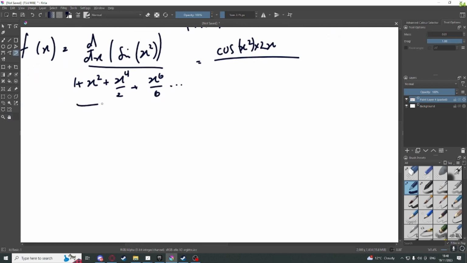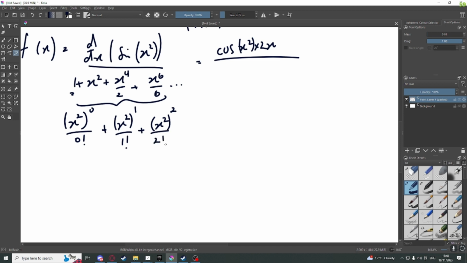Let's clear this up real quick. So I'm going to assume that the pattern follows this here: x squared to the power 0 over 0 factorial, which is 1 over 1, which is my first term, plus x squared to the power 1 over 1 factorial, plus x squared to the power of 2 over 2 factorial plus x squared to the power of 3 over 3 factorial, and so on and so forth.